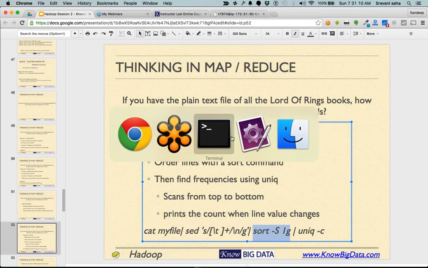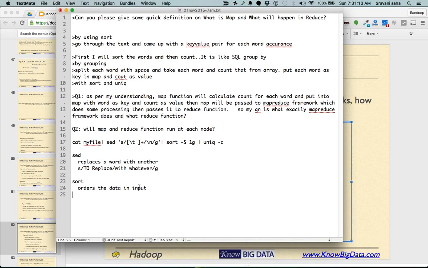Now, sort minus S 1G orders the input, keeping maximum memory consumption to 1 gigabyte. All right. Is that clear, Shashi?